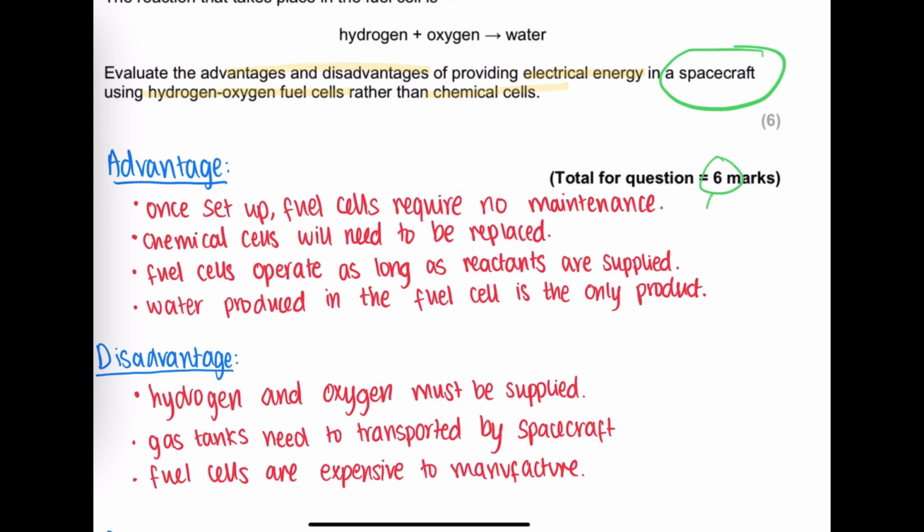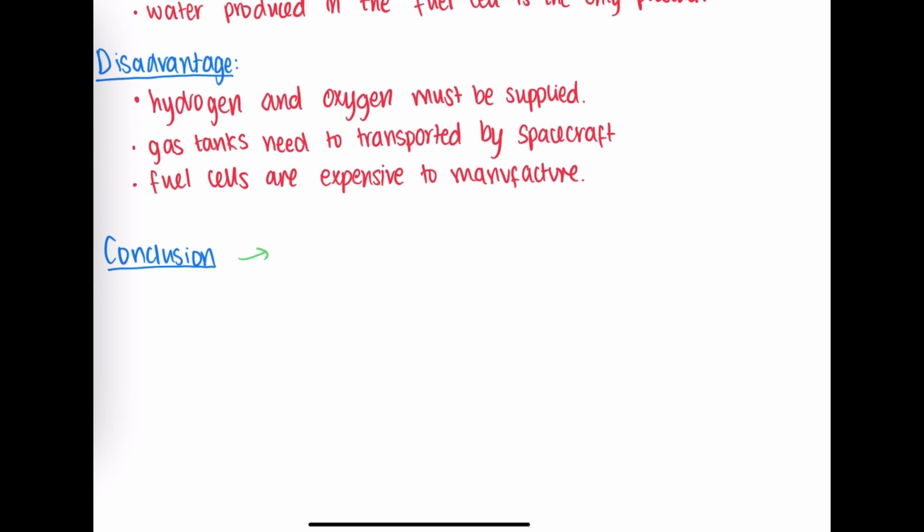Because this is 6 marks, I recommend you do 3 advantages and 3 disadvantages, or if you do favor one side and you do think of more for the other, you can do 4 and 2, that kind of ratio. I do recommend that you just write as many reasons as possible, and then in your conclusion at the end, it doesn't matter which side you end up taking, you won't lose any marks, as long as you give your reasons very clearly on why you chose that.